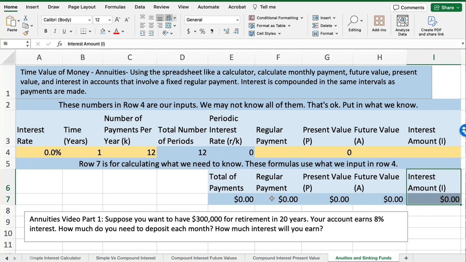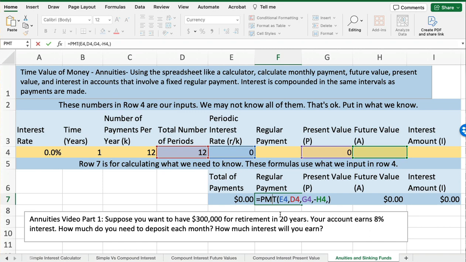Without explaining a lot about where these are coming from, to get your regular payment, it's equals PMT, that's Papa, Mike, Tango, parenthesis. The first thing it needs is the rate, which we're getting from E4, not A4. So it's E4, comma, and then the number of periods is in D4. That's the total number of periods, D4, comma.